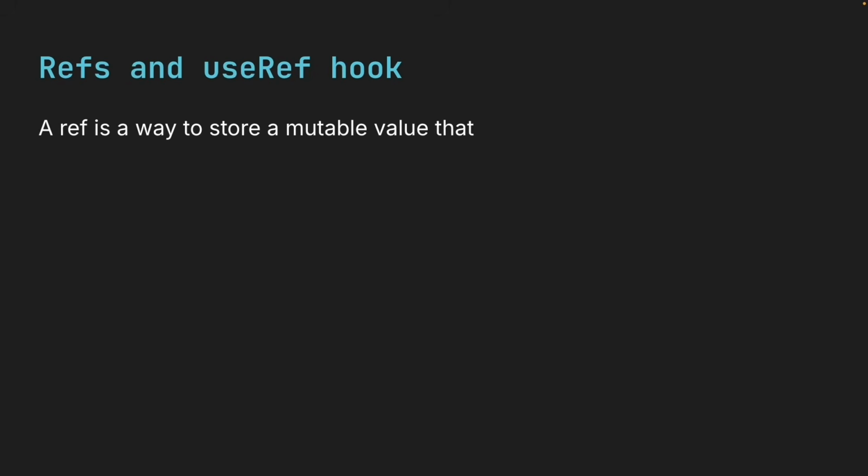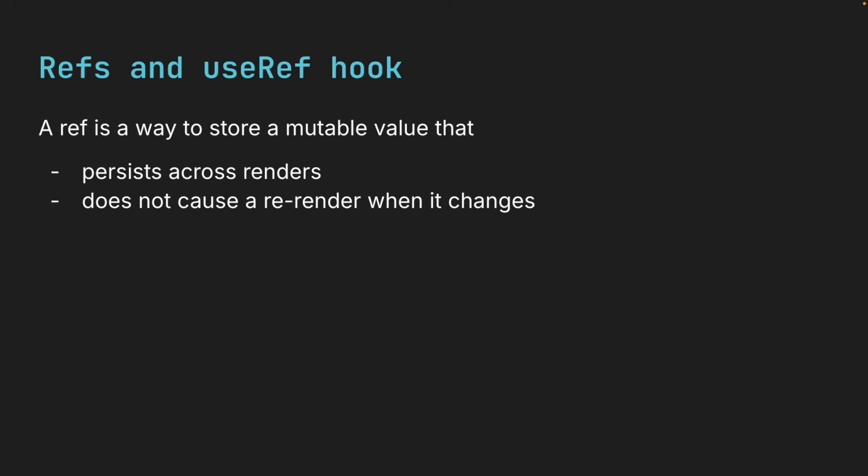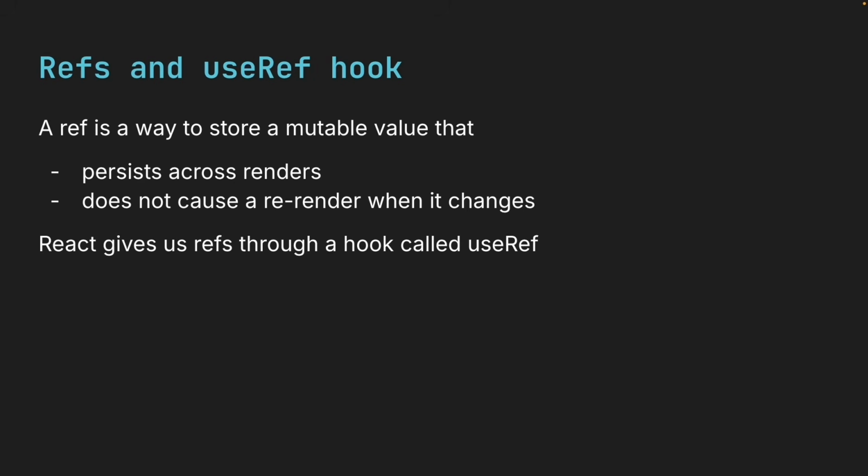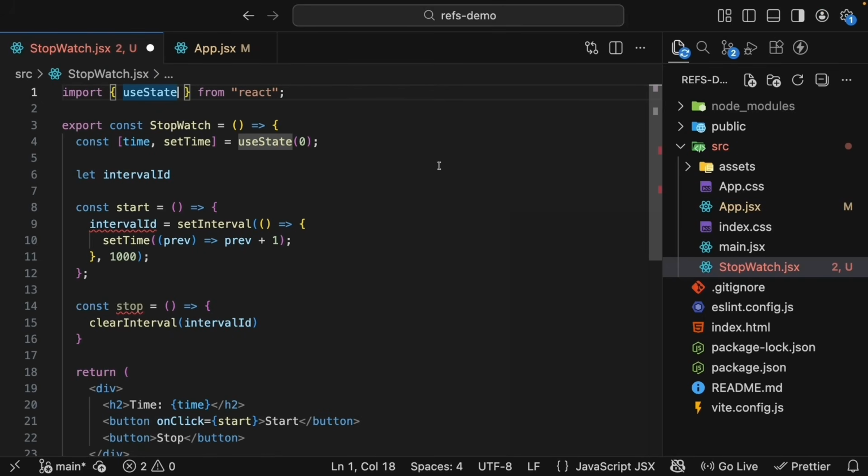A ref is a way to store a mutable value that persists across renders and does not cause a re-render when it changes. React gives us refs through a hook called useRef. Let's fix our stopwatch using this hook. First, import useRef from React. Inside the component, create a ref.